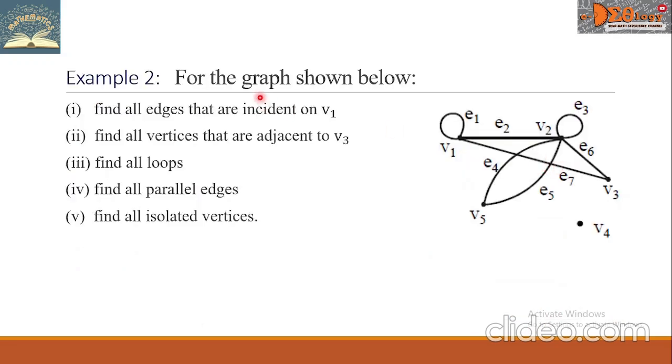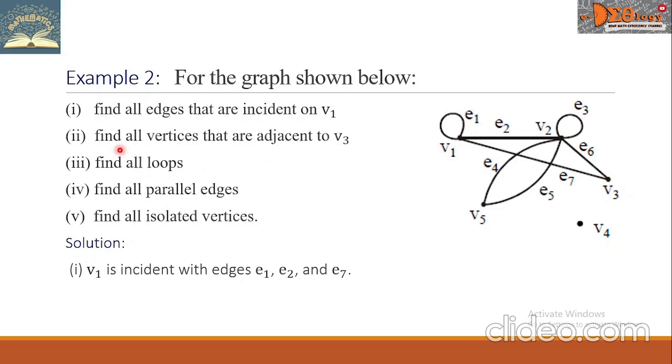Example 2. For the graph shown below, we will answer 5 questions. Question 1. Find all edges that are incident on v sub 1. Our v sub 1 is here. So for the solution, we write v sub 1 is incident with edges e sub 1, that is the loop, e sub 2, and e sub 7.